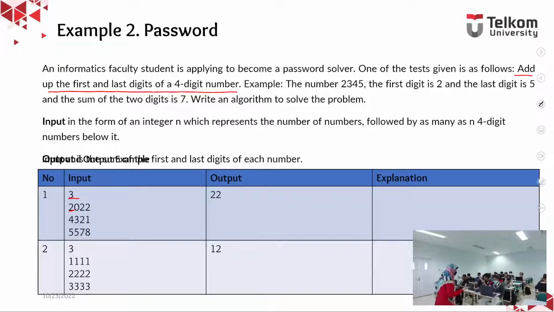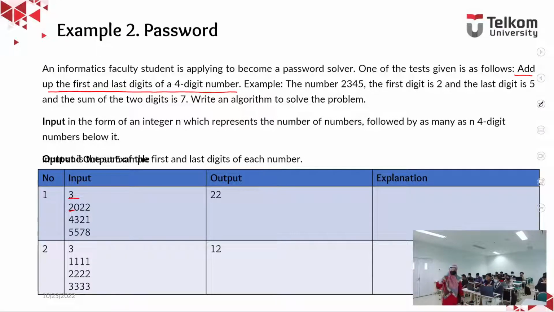What does it mean? What should the computer do when it reads 3? The computer must read the next 3 lines, right? Computer is not a human, so you have to tell it what lines it should read.